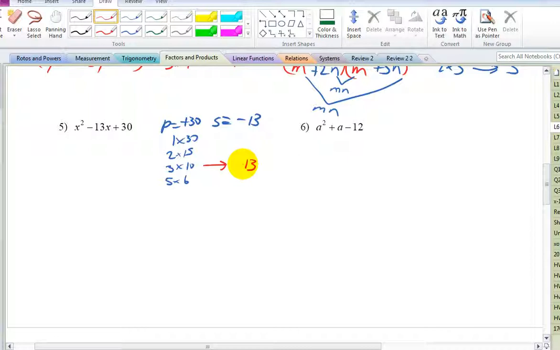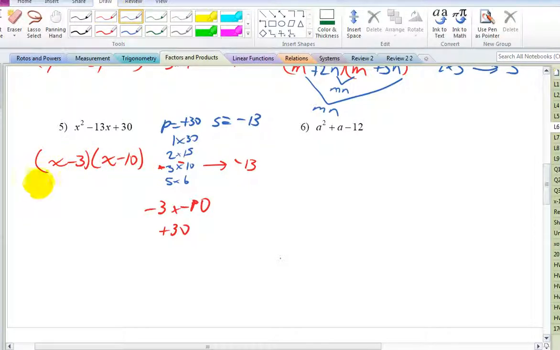I don't think I can do this question. Because when I add this together, I get positive 13. Oh, but I have to multiply to a plus 30. Does that work? Negative, negative. Oh, yeah. 2 negatives multiply to positive. Okay, so keep that in mind. Now I can get my negative sum. So you should get x minus 3, x minus 10.